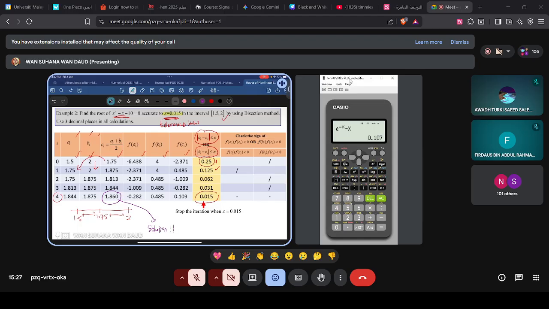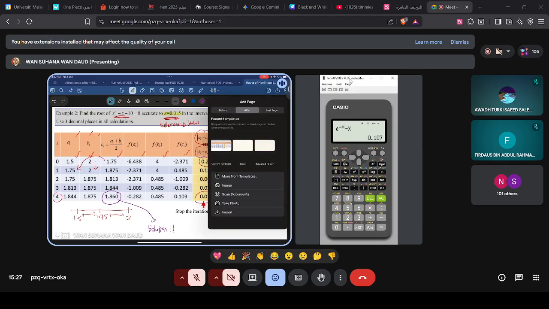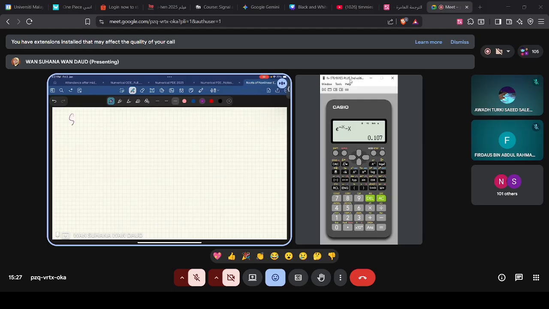All right, understand? So according to example 1 and example 2, I can conclude that for the bisection method, stop the calculation or iteration when there are two conditions.